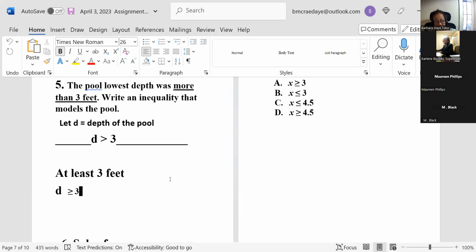The common verbal terms that represent all four of those inequality symbols. I sent that to you, but I'll make a note and send it again.